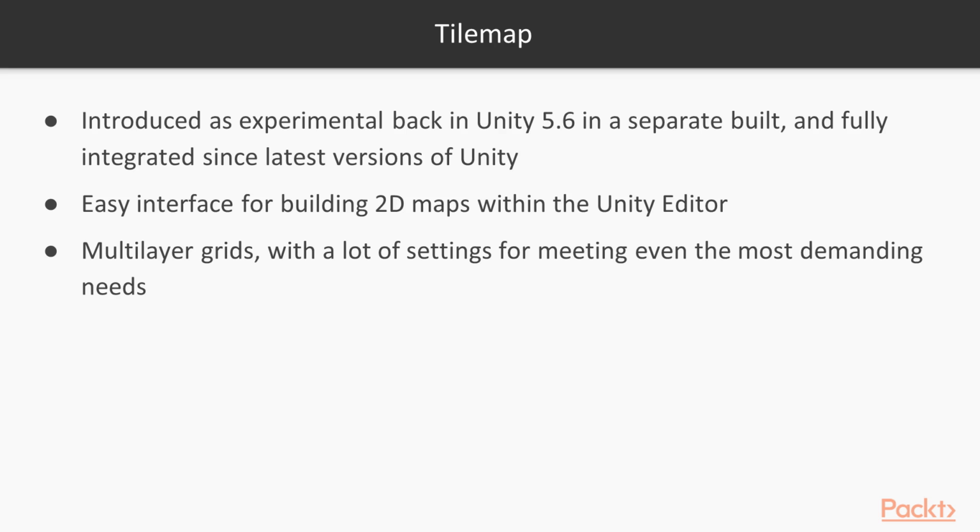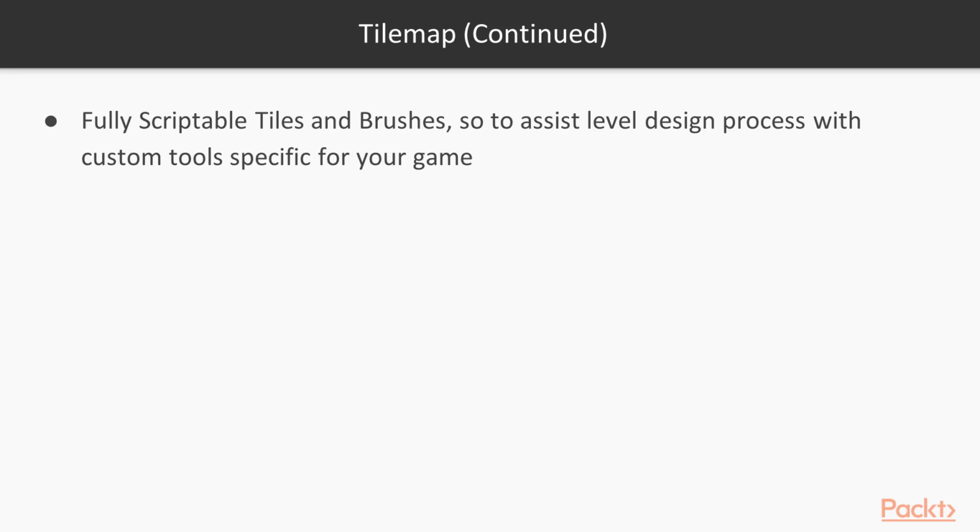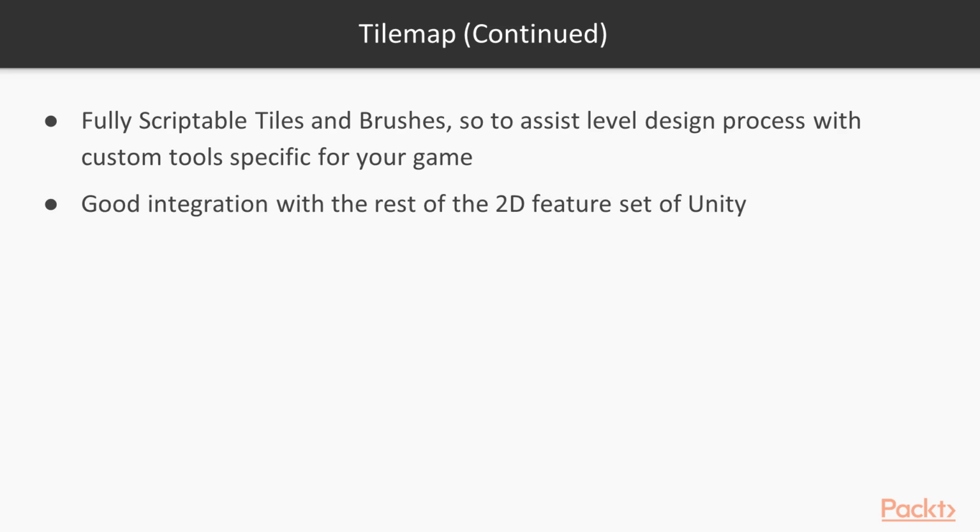And in case you need to extend the system, it is fully scriptable. In particular, tiles and brushes are scriptable, which we will understand better later on. This allows you to create very powerful level design tools that can even be specific to your game. And of course, the whole system is really well integrated with the rest of the 2D feature set in Unity.